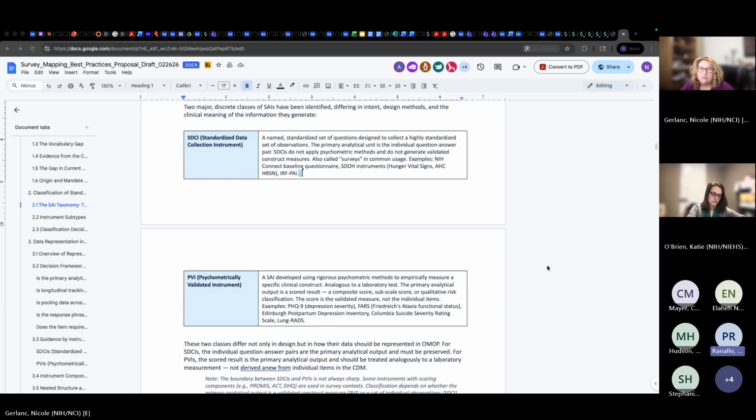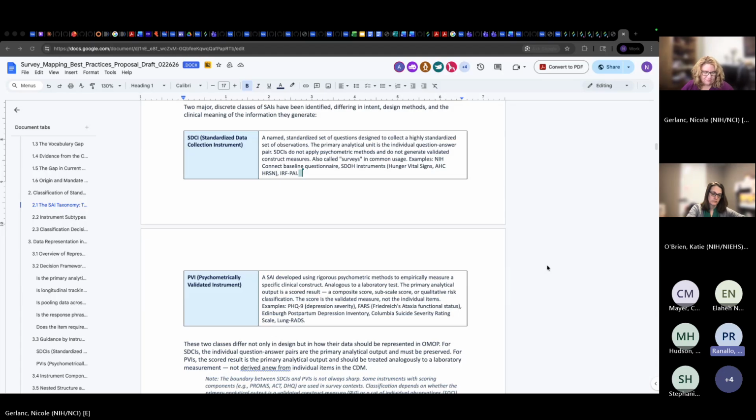Oh, okay. So, getting back to the major classes, the main difference between a standardized data collection instrument and a psychometrically validated instrument is in what is most important in terms of representing them.